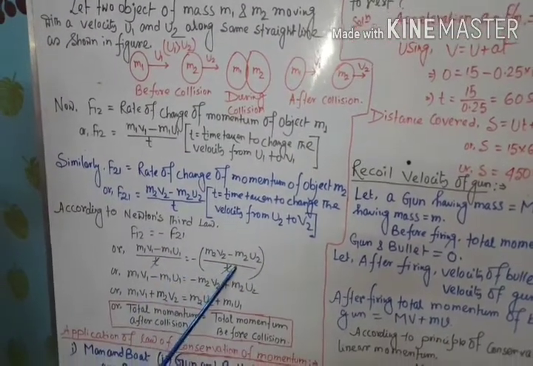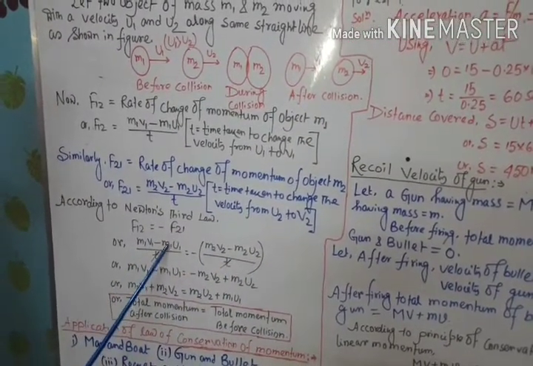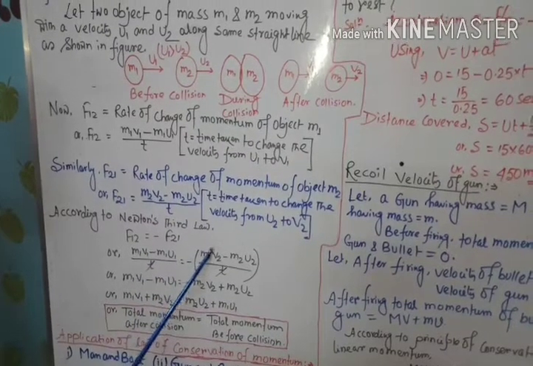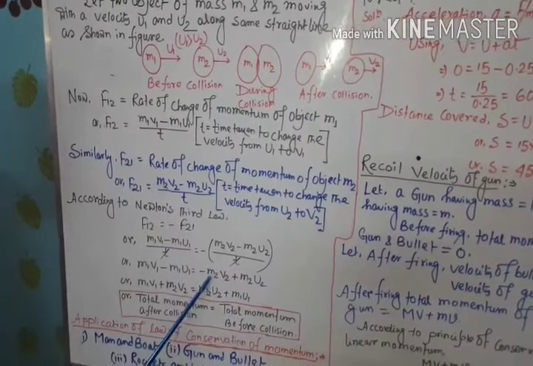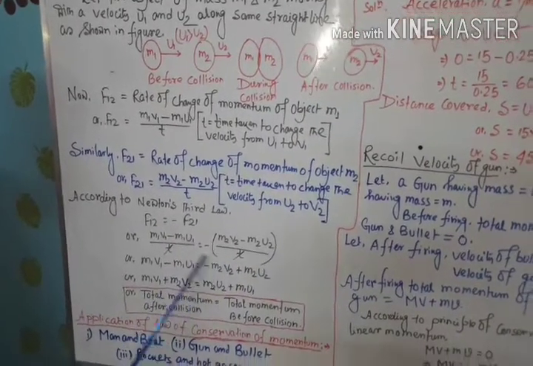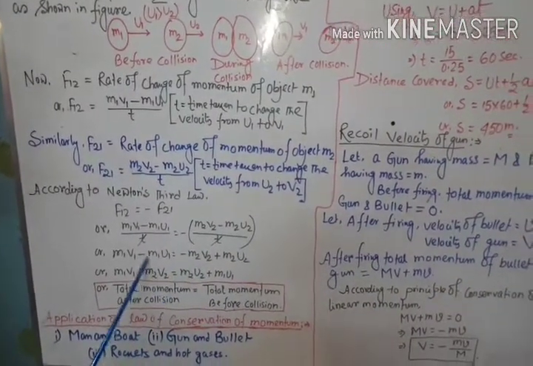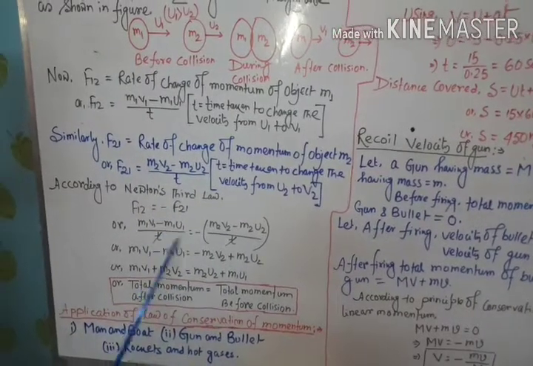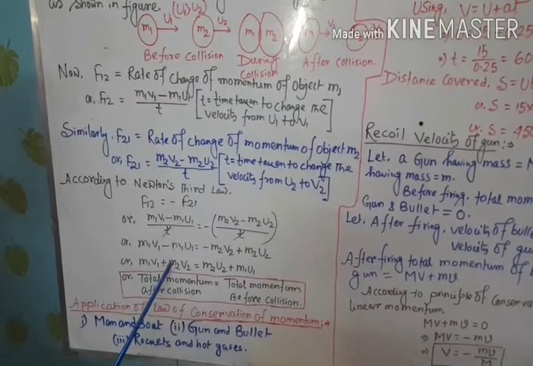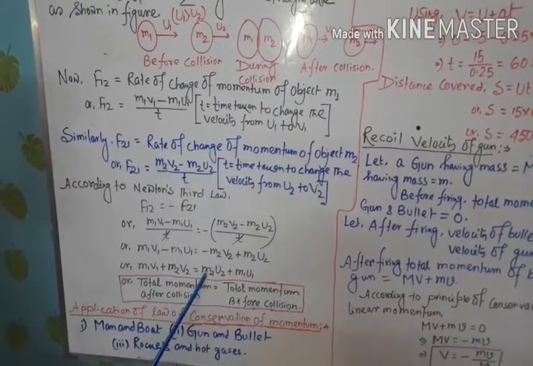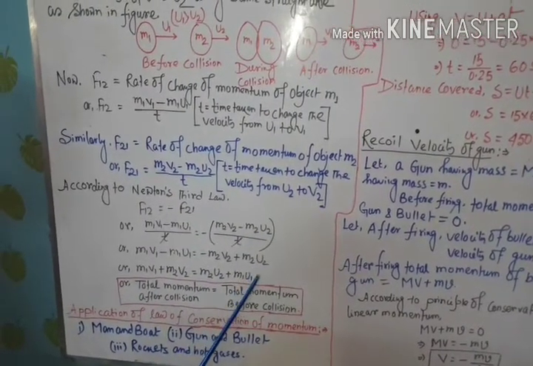On both sides t cancels, then m1 v1 minus m1 u1 equals minus m2 v2 plus m2 u2. If we move m2 v2 to the left, it becomes plus, and if we move m1 u1 to the right, it becomes plus. So m1 v1 plus m2 v2 equals m2 u2 plus m1 u1.